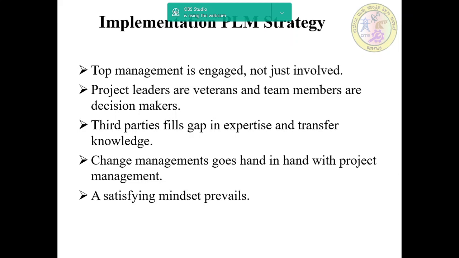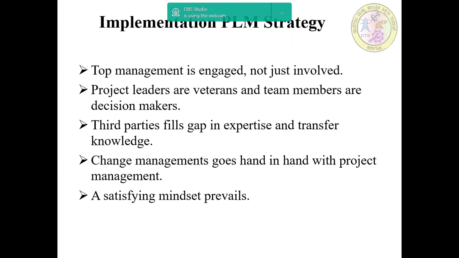Next one is change management goes hand in hand with project management. PLM is a different way of doing things, especially as it pertains to crossing functional boundaries. Hence, the change management of the new processes and practices that an organization requires needs to be closely interlinked with the project management.